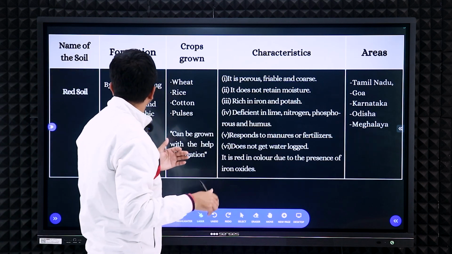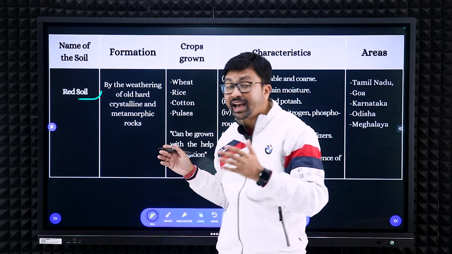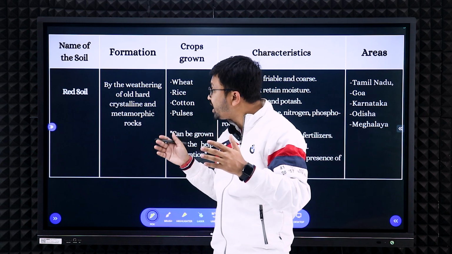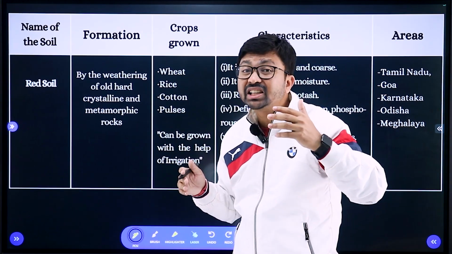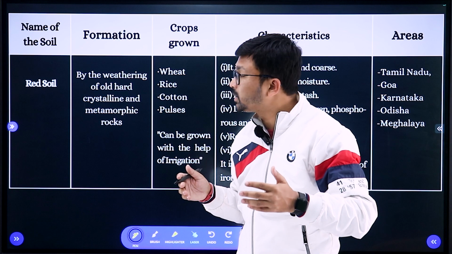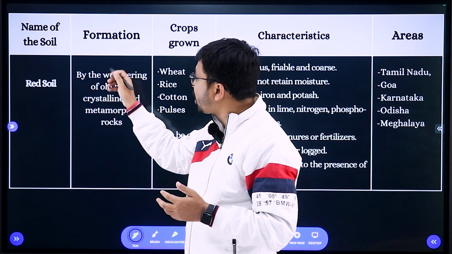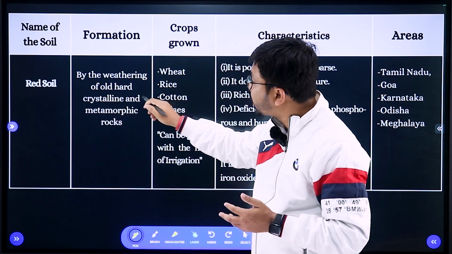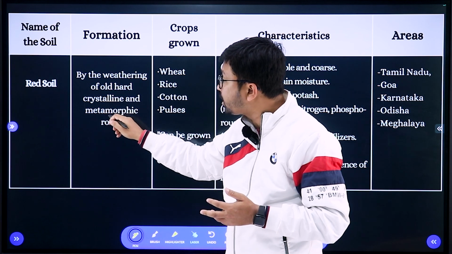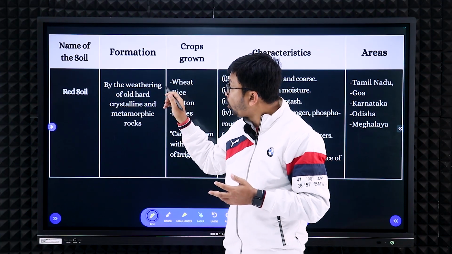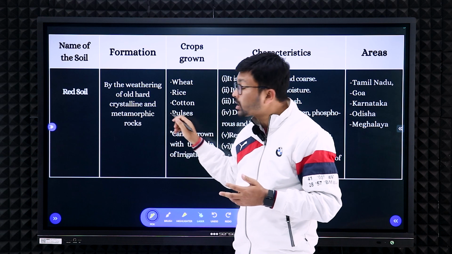Next, here you can see the formation of red soil. As I said, red soil is found where there are many igneous rocks, especially iron ore type rocks. It is formed by the weathering of old hard crystalline and metamorphic rocks. I repeat, old hard crystalline and metamorphic rocks.